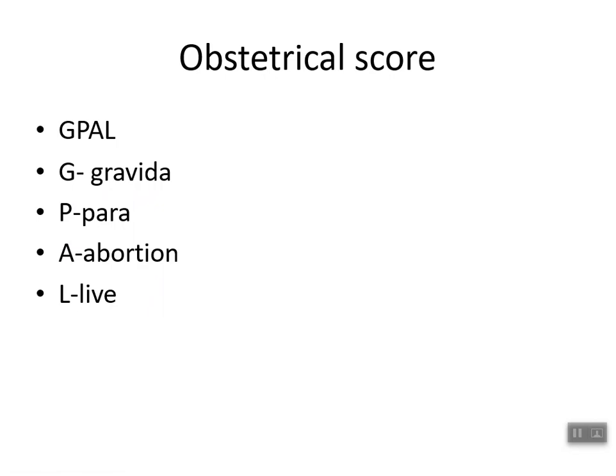Abortion, we have learned about the abortion types, is the expulsion or extraction of parts of the fetus or an embryo weighing 500 grams or less before the age of viability. And L is the number of living children.